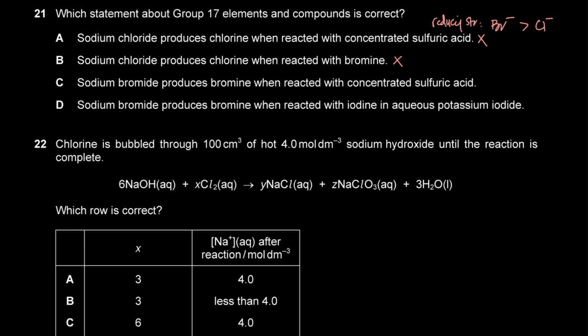So the answer over here is C. And D is obviously incorrect as well, because bromide is a weaker reducing agent than iodide, so it is not able to reduce iodine. Bromide will not react with iodine because iodide is an even stronger reducing agent than bromide. So D is also incorrect. The answer here is C.